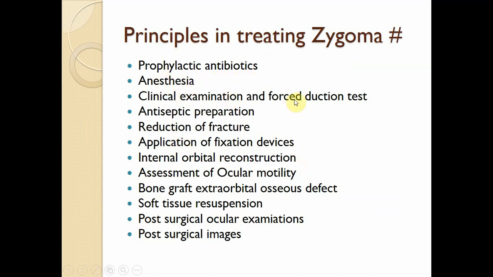Then under general anesthesia we can do the forced duction test, reduction of fracture, application of fixation device, internal orbital reconstruction, assessment of ocular motility, soft tissue resuspension, and post-surgical ocular examination and post-surgical imaging. If there is any problem in ocular movements, that means the muscle is entrapped in the fracture site.